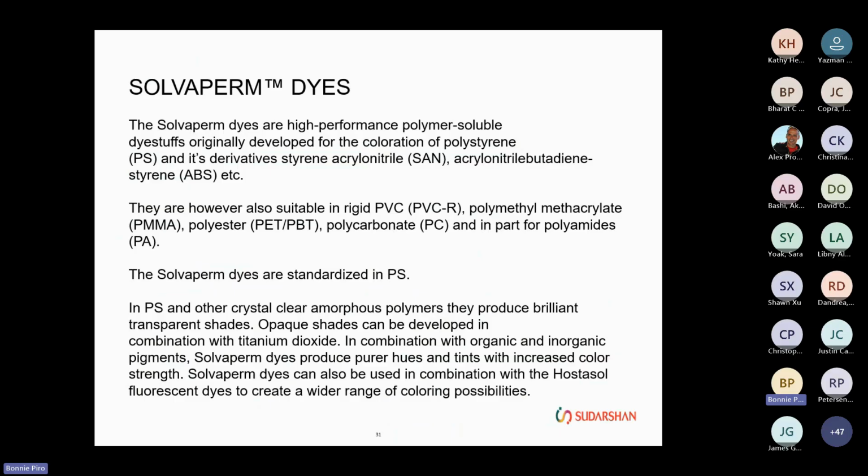So the previous slide showed one category, one brand of dyes, the Solvaperm dyes. These tend to be our higher performance solvent dyes. In there, they contain the chemistries that fit that generalized term. From a standardization perspective, we're always testing them in polystyrene.